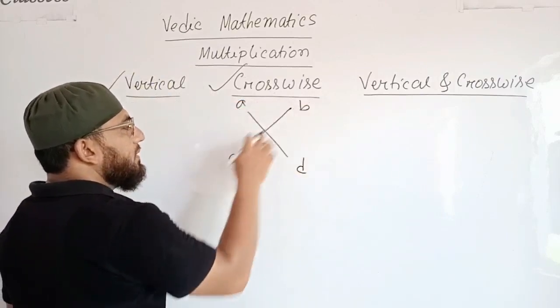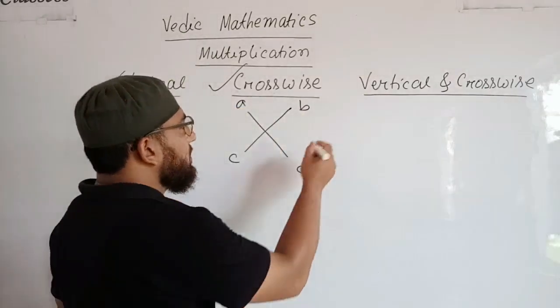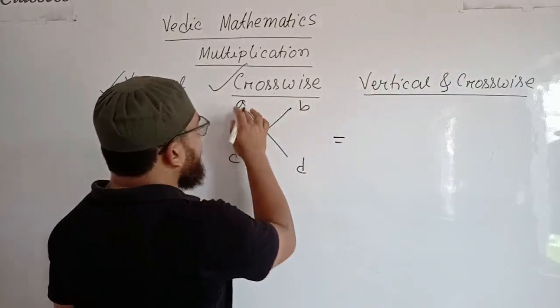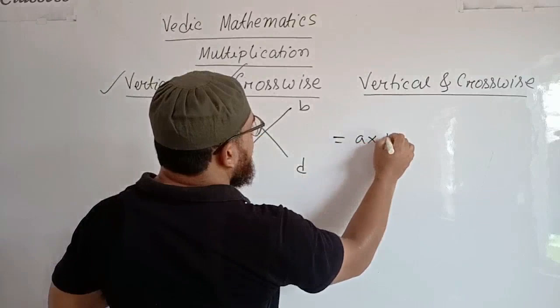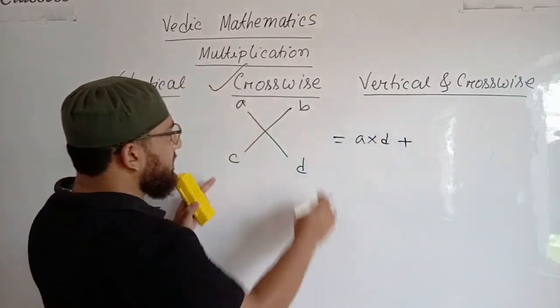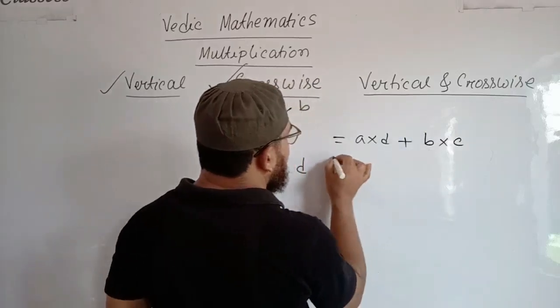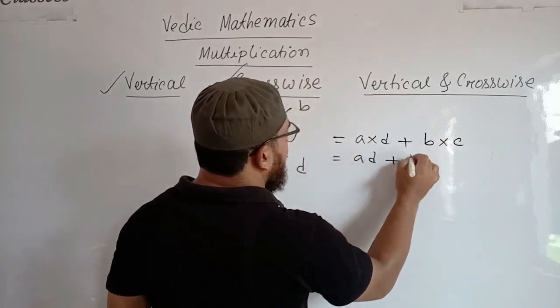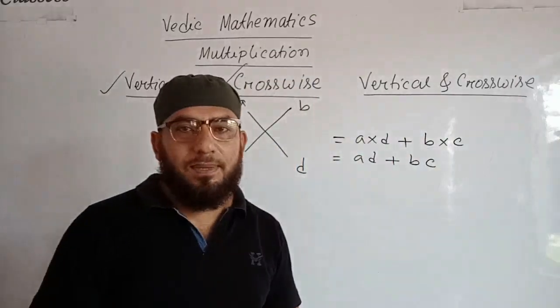We are multiplying AB with CD. The answer will be the product of A and D, that is A into D, plus the product of B and C, that is B into C, which is nothing but AD plus BC. So this is the general method.